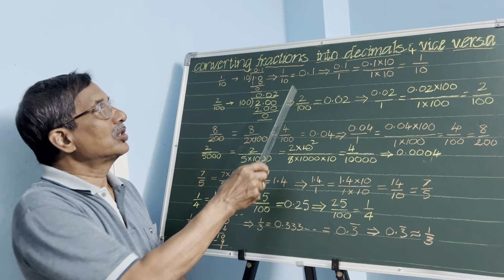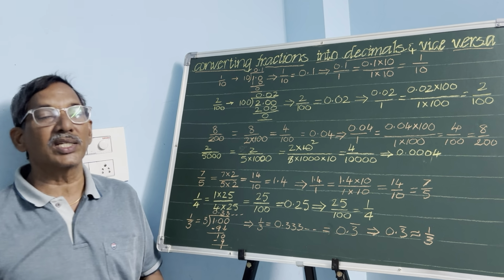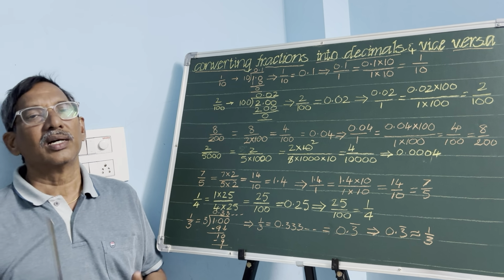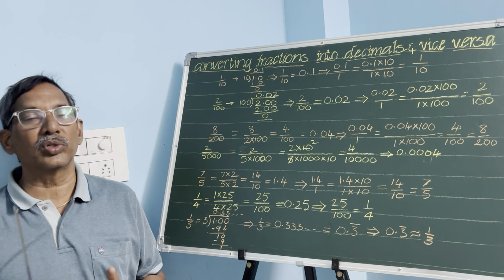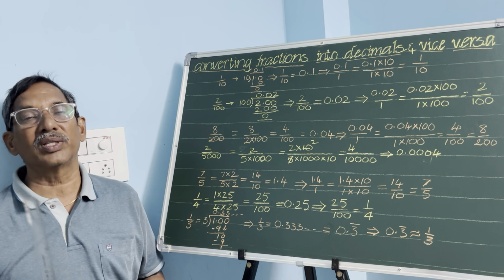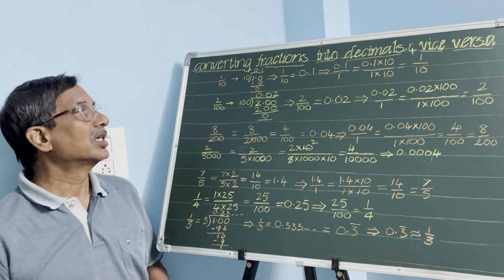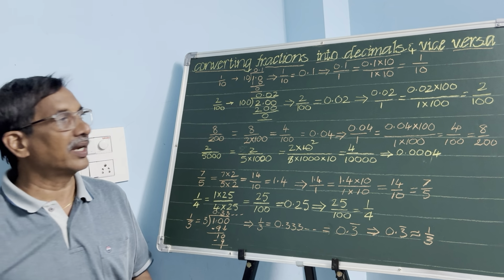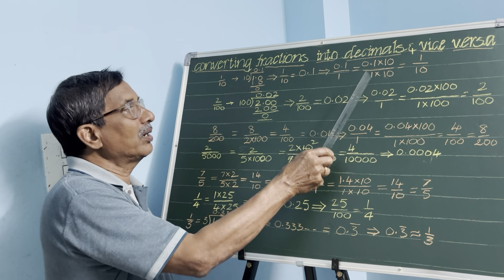So 0.1 can also be written as 0.1 by 1. We know that when we multiply both the numerator and the denominator by the same number, the value of the fraction does not change. So here 0.1 and 1 are multiplied by 10: 0.1 into 10, 1 into 10.